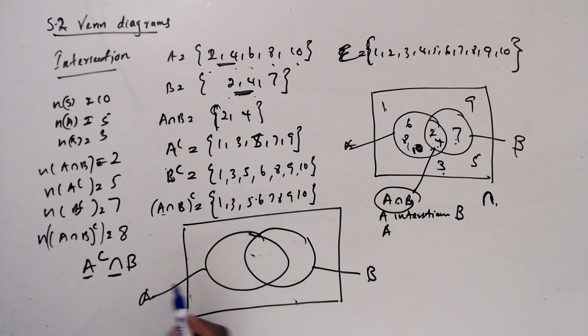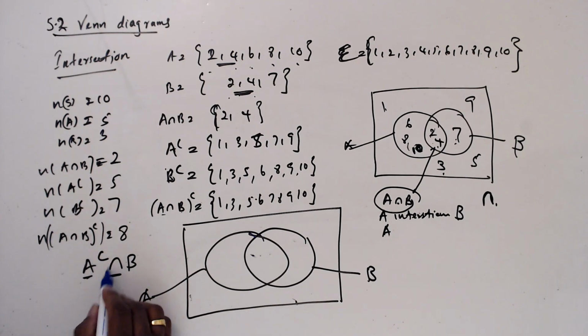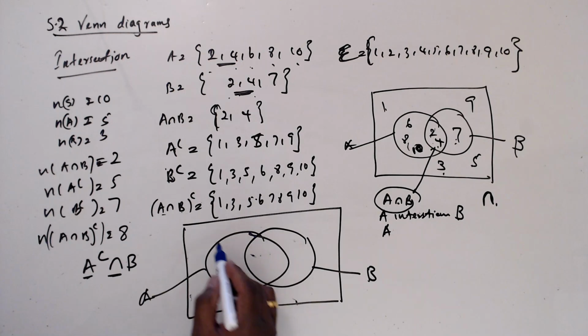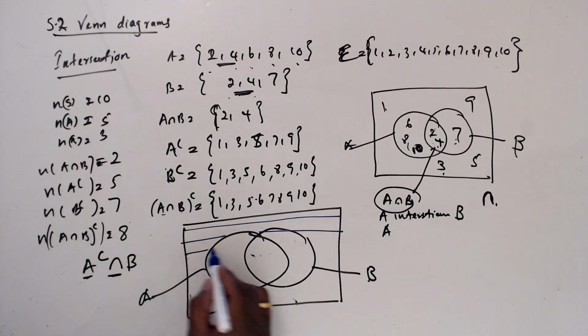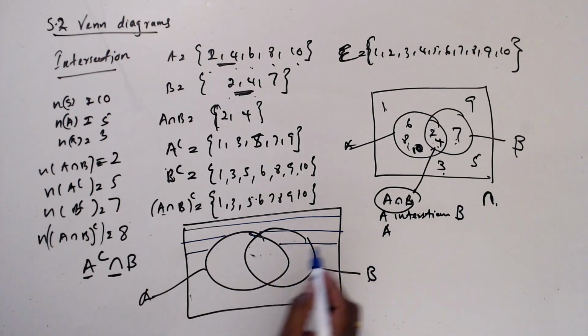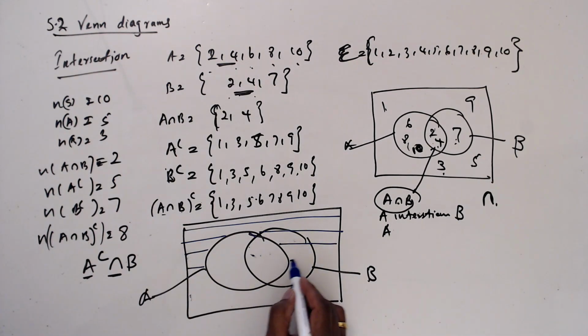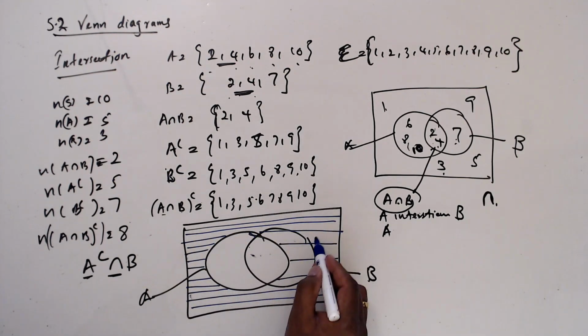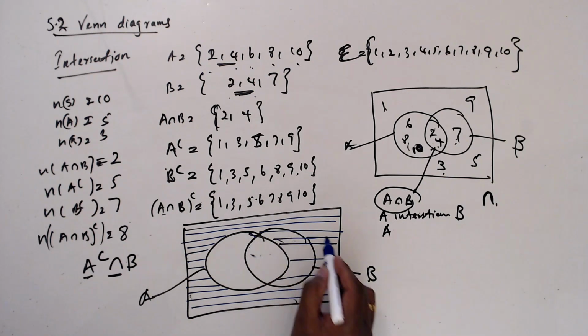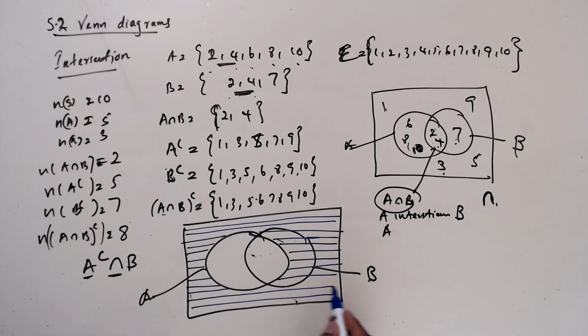So mark A complement with a different pattern. This is A, not belonging to A. Can you see now?